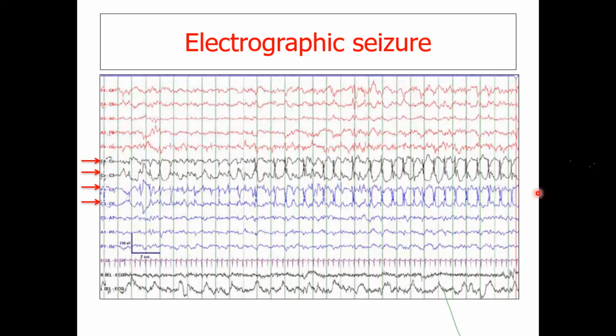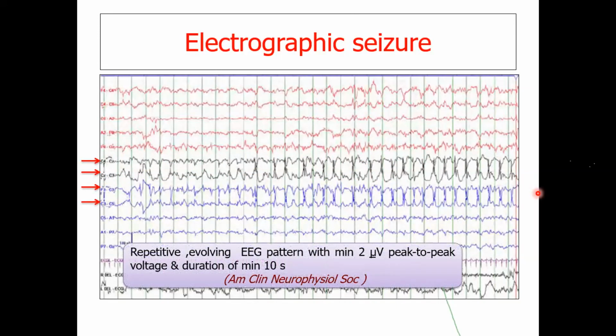So this is an electrographic seizure which is persisting for 10 seconds or more. If there is an activity which is abnormal, which is changing in morphology, amplitude, frequency, and location, and lasting for 10 seconds or more, it is defined conventionally as an electrographic seizure.